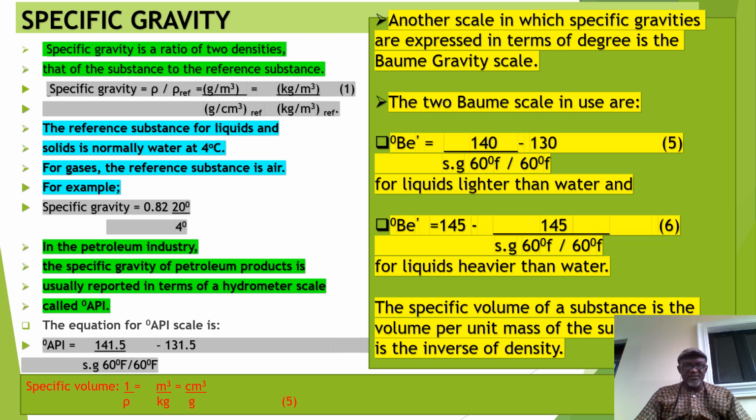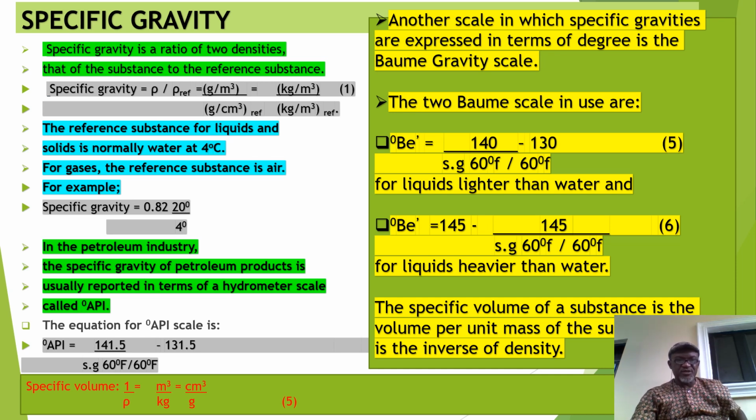For gases, the reference substance is air. So in the example we are giving here, the specific gravity is 0.82. You see the temperature, we're now specifying 20 degrees against the reference at 4 degrees. So we must specify the temperature at which this density is measured. Remember, we said that the density of gases varies appreciably with change in temperature and pressure.